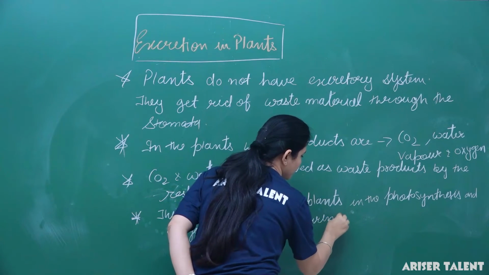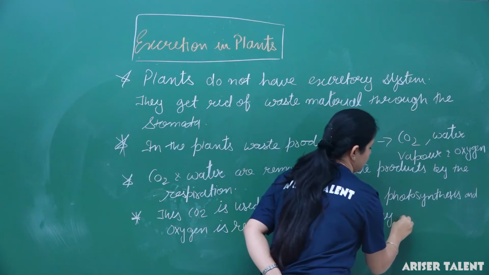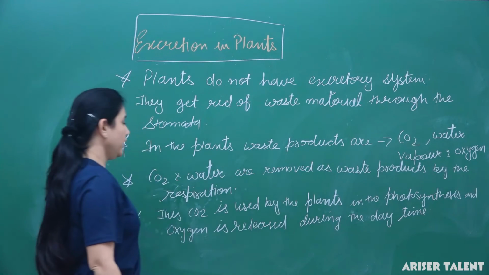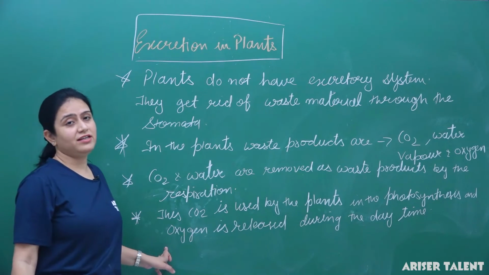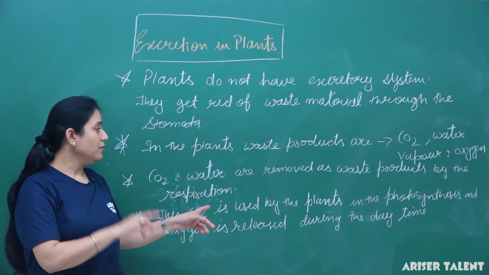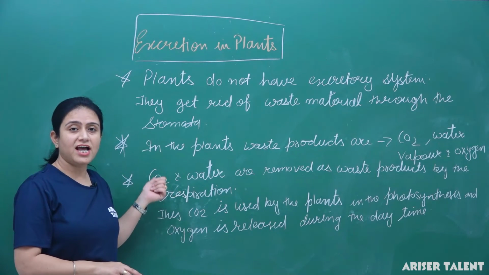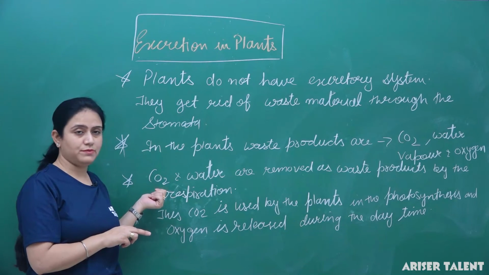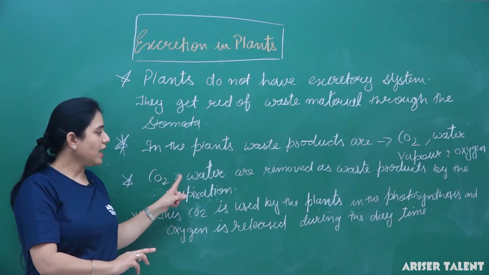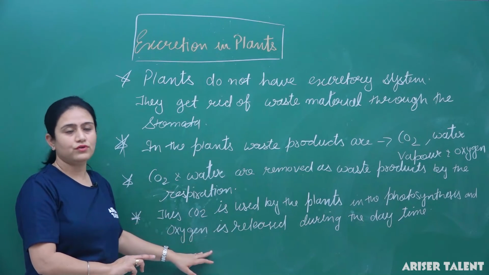Whatever oxygen is released in photosynthesis is used in the process of respiration by the plants. Clear? And during respiration, whatever carbon dioxide is released is again used by the plant in photosynthesis.